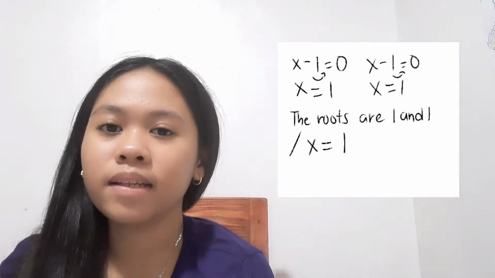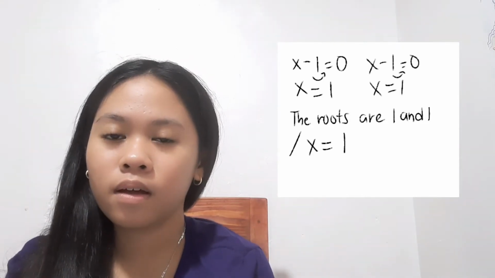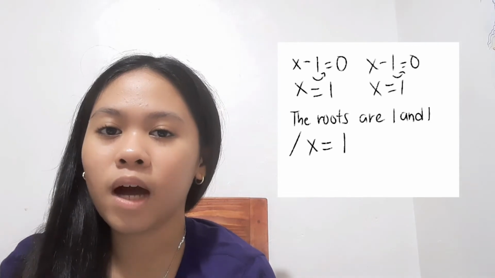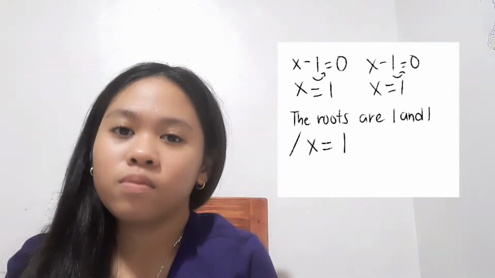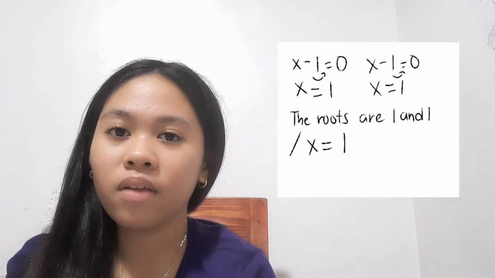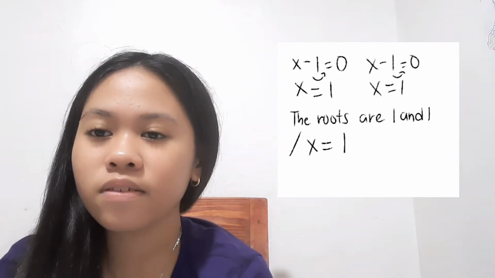Now we will apply the ZPP method or the zero product property. x minus 1 equals 0 will become x equals positive 1. So, the roots are positive 1 and positive 1. Or in short, the answer is x equals positive 1.